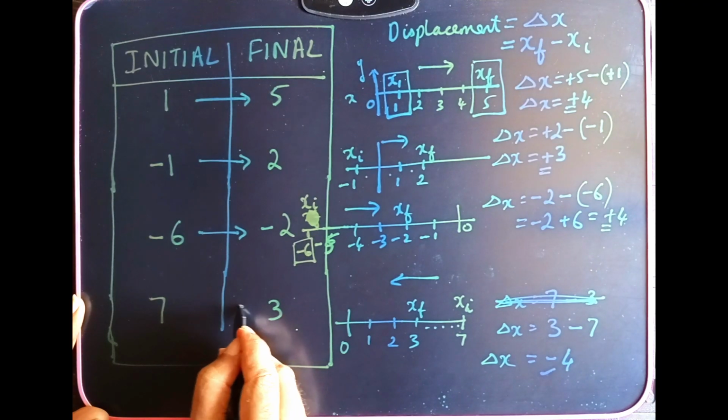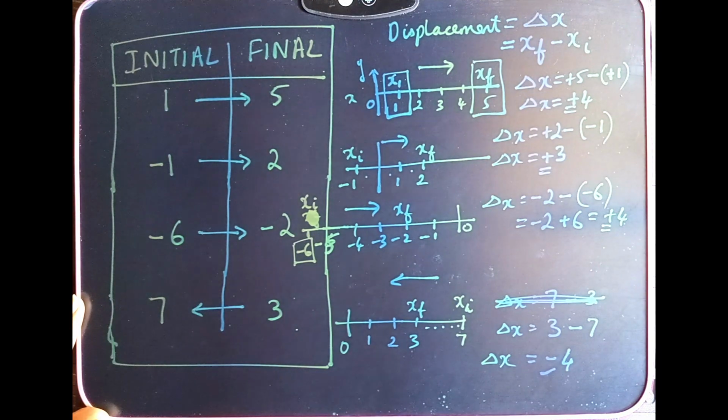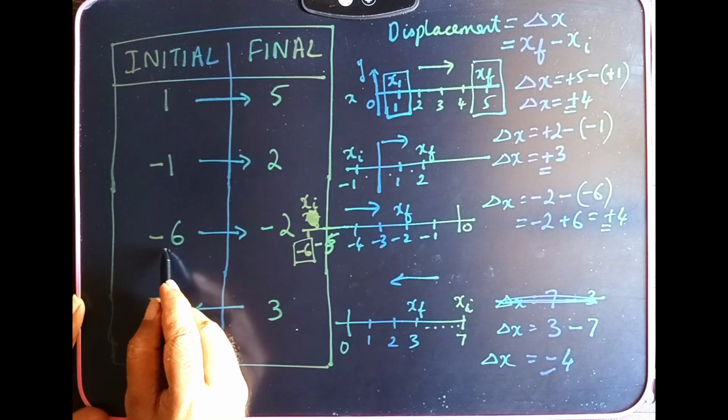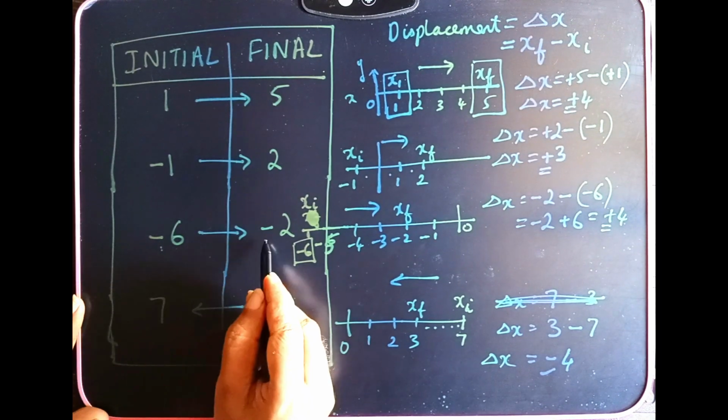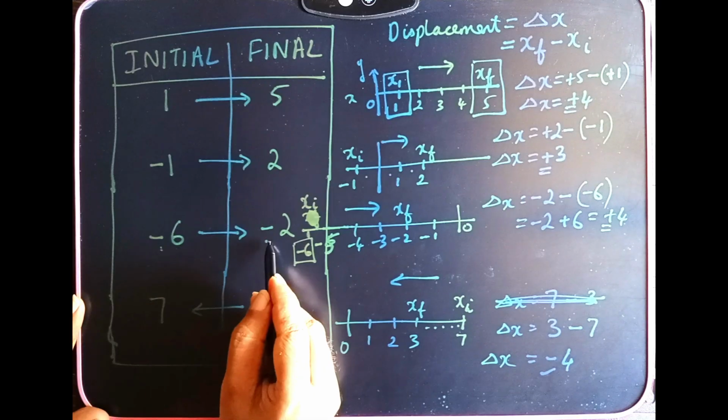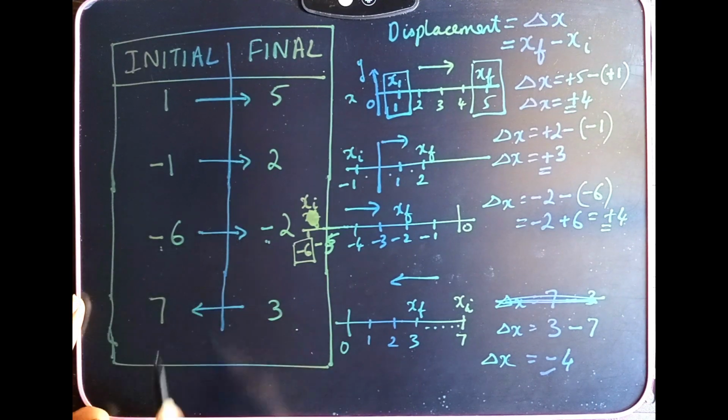But in the final case, the direction was negative. That means even though you have negative positions as the initial and the final position, you can still have the displacement as positive. And even though here you have positive initial and final, your displacement can still be negative.